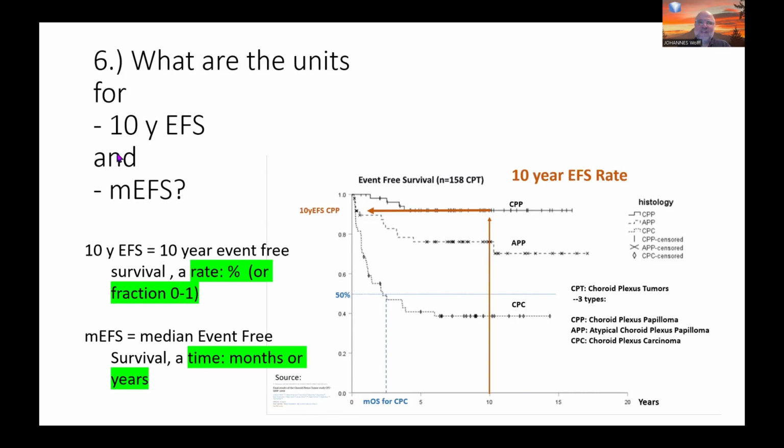If you want to see the 10-year event-free survival or other survival rates from a certain time, you go to that certain time on the x-axis. Here it is 10 years. You go up until you hit the curve that you mean. Here it is the choroid plexus papilloma curve. You go to the left, and then you read on the y-axis, and therefore it is a rate.